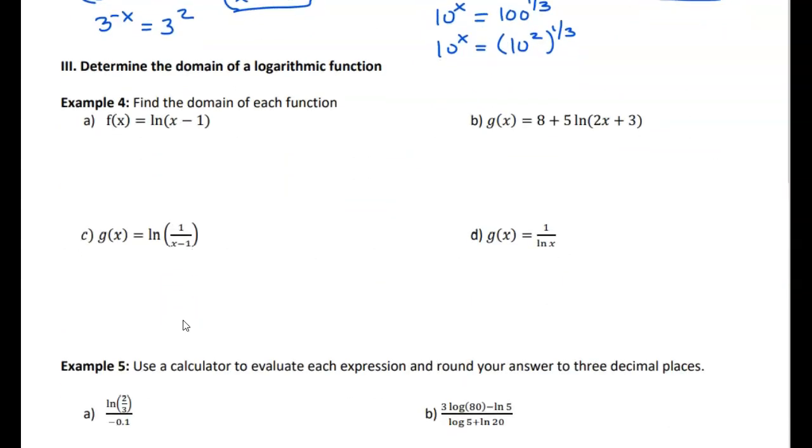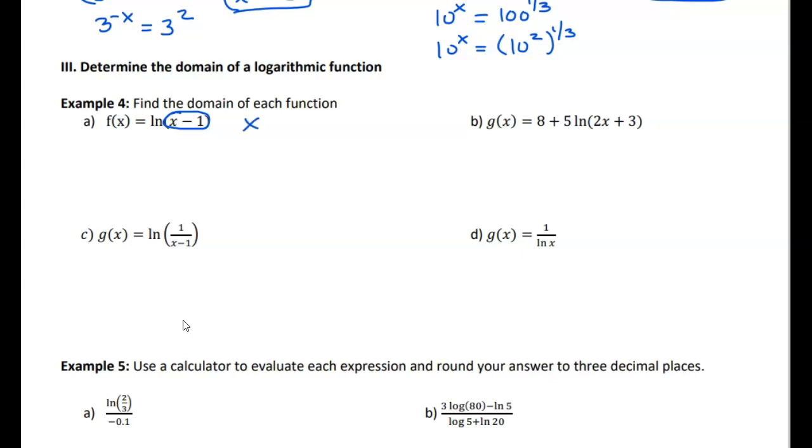Okay, now let's look at the domain of a logarithmic function. With the log, no matter what base, whatever quantity goes after the log, in the parentheses with the log, we need this to be positive. So it can't even equal 0.